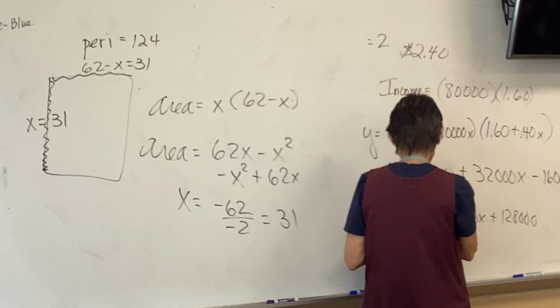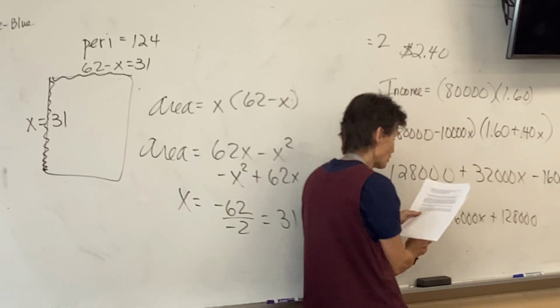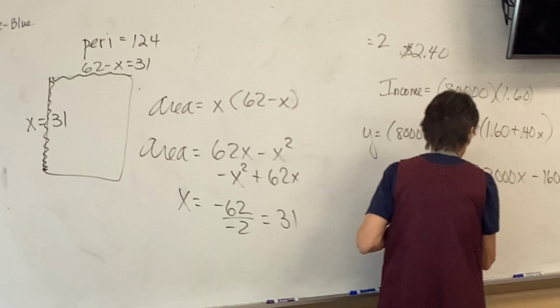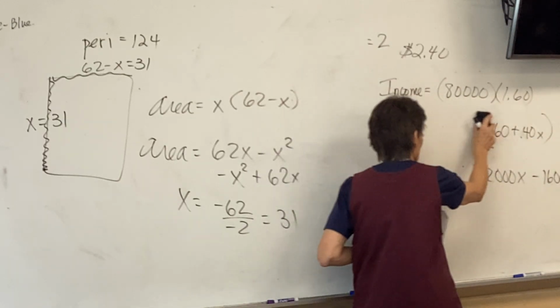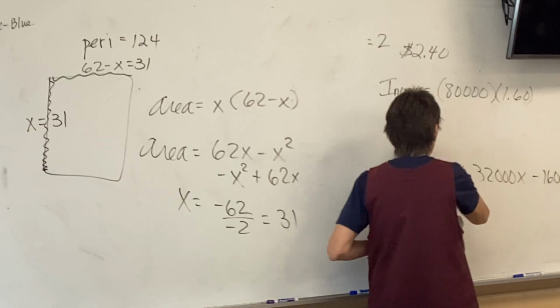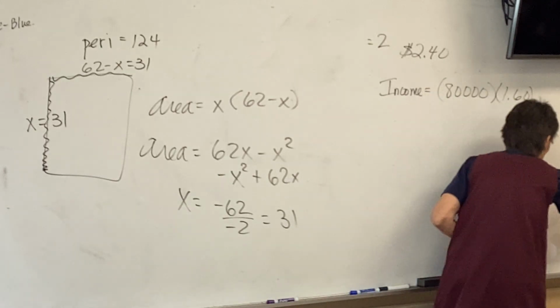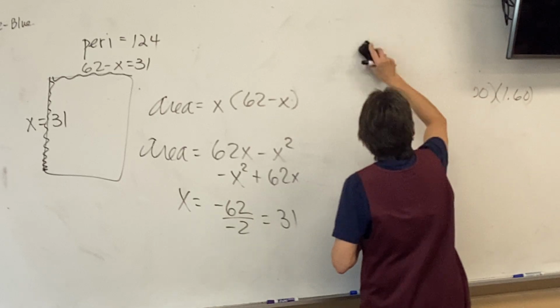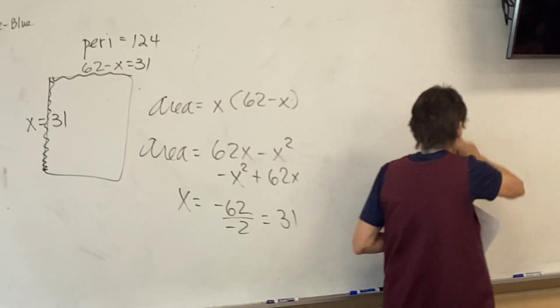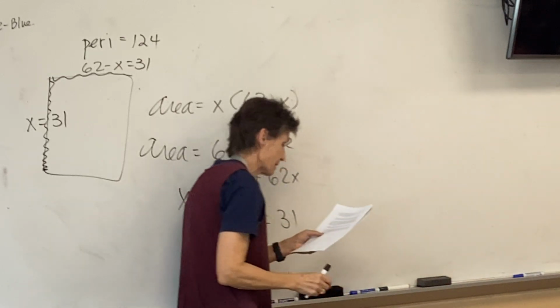It says find the dimensions, so the answer is 31 by 31. The width is 31 and length is 31. If you multiply them together, you'll get the area, which could be a question.